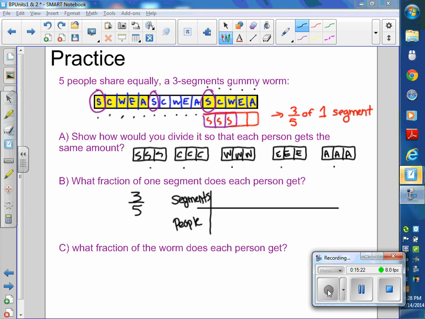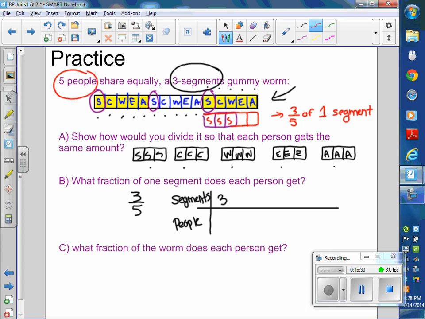Remember, we started with 3 segments and 5 people. And we're trying to figure out what fraction of one segment does each one person get. So we need a 1 down here. So we're going to divide by 5. And another way to show division is with the fraction. Since 5 is bigger than 3, we could just say 3/5. That's the same thing as 3 divided by 5. So each person gets 3/5 of one segment.